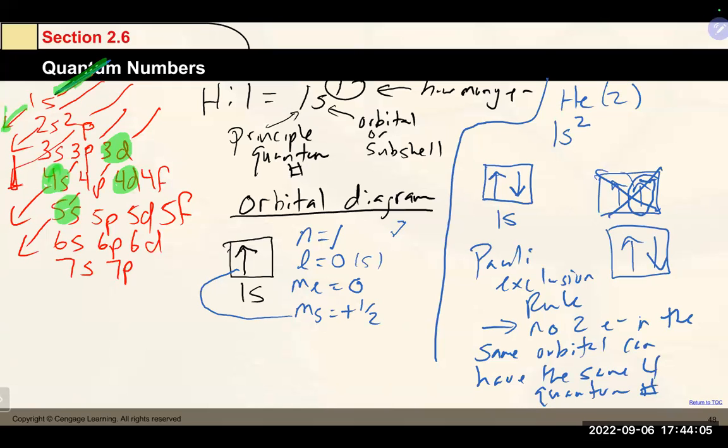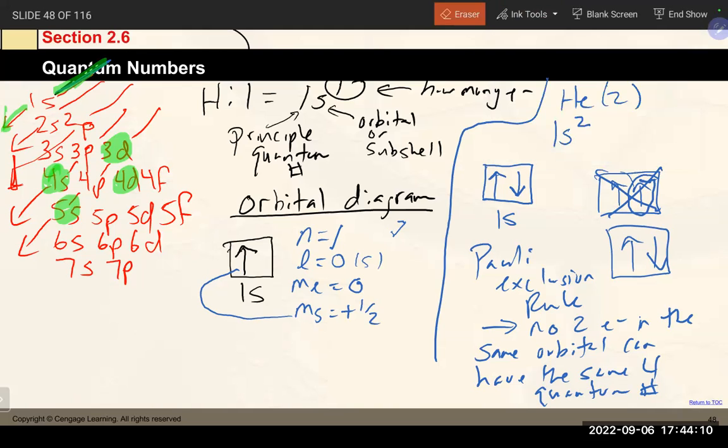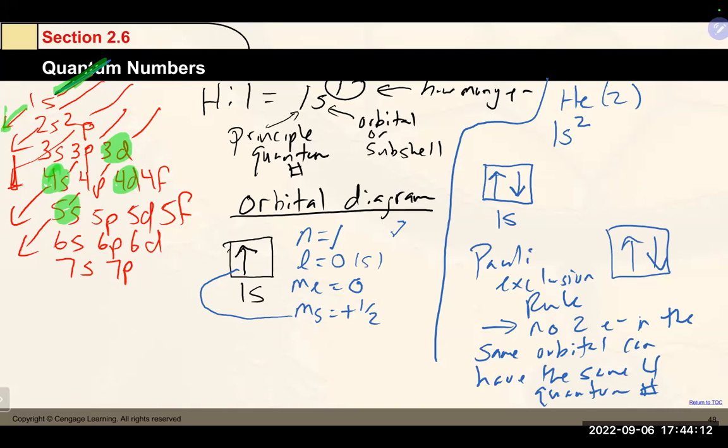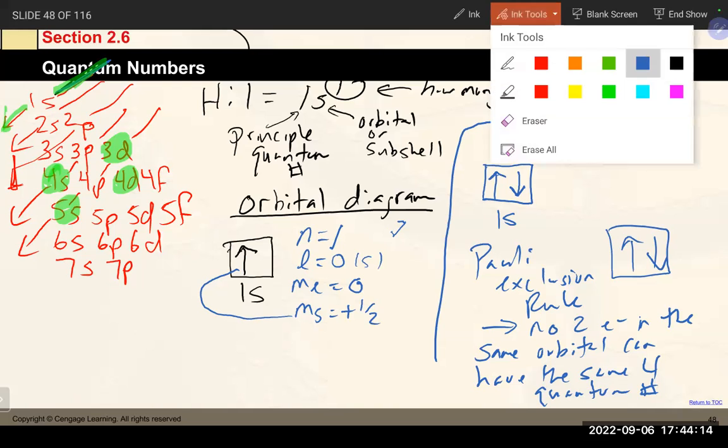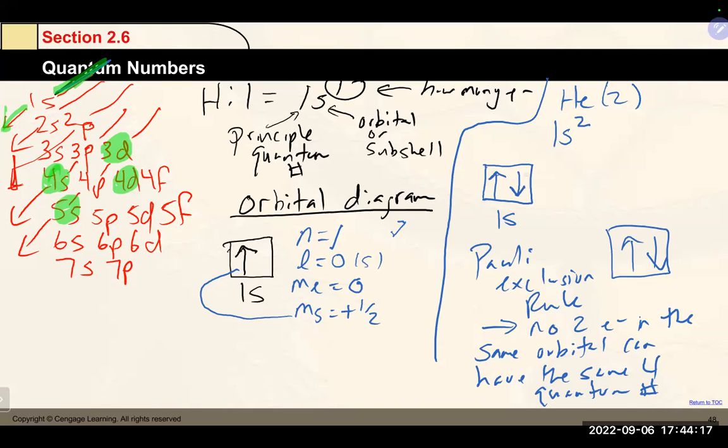If we do the quantum numbers for that electron, n for this guy would be 1. l would be 0 because it's still an s orbital. m sub l here would be 0. And the way we get around Pauli's exclusion rule is with the electron heading in the opposite direction in terms of its spin, which has minus 1/2 as its spin quantum number.